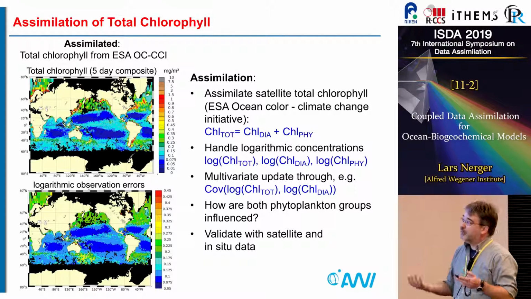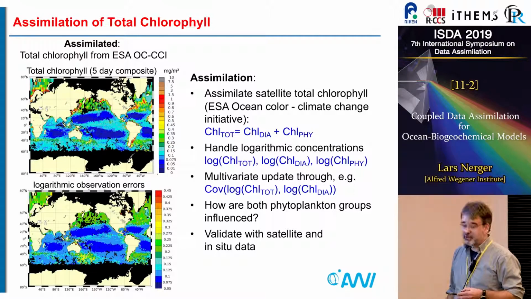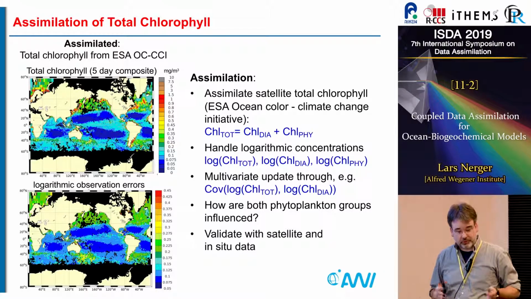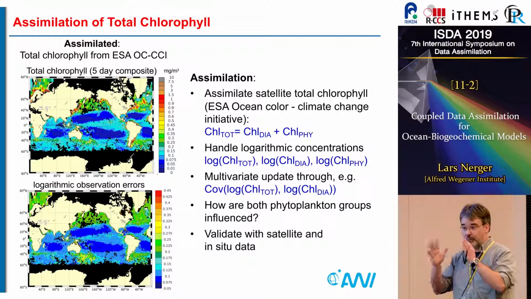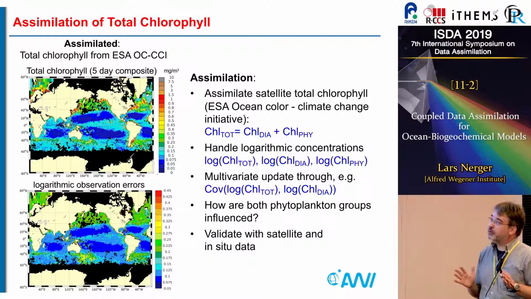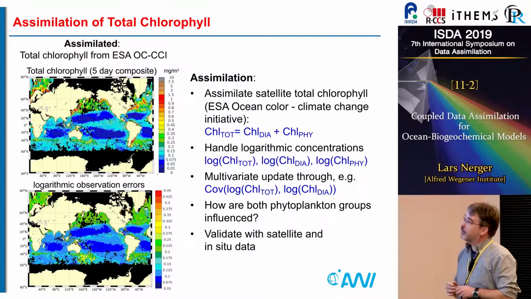Here, a 5-day composite. With the data product, we also get logarithmic observation errors, since, as we have seen, the processing algorithm also works on logarithms. So one has to be a bit careful with the log, but then one can work with it.